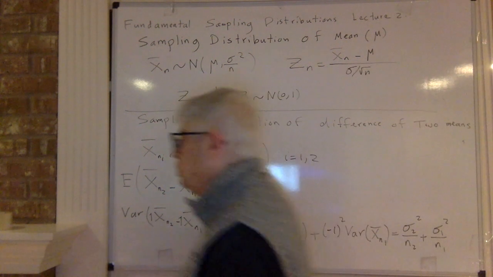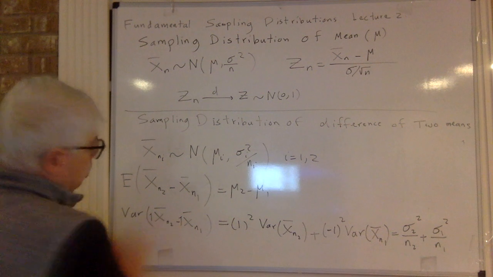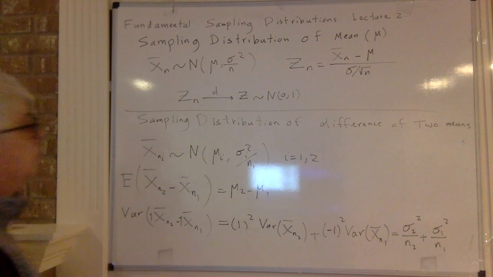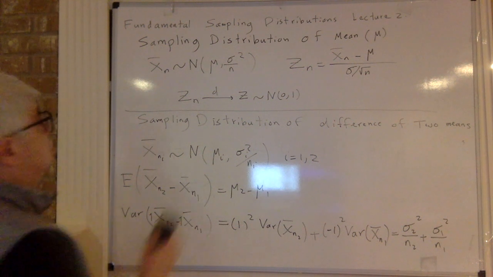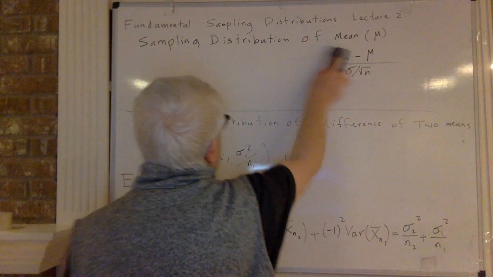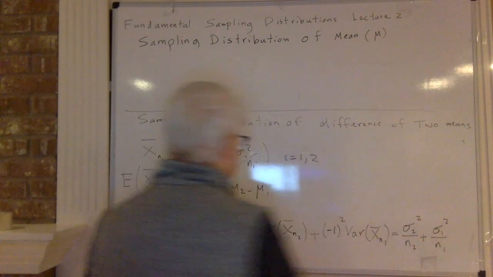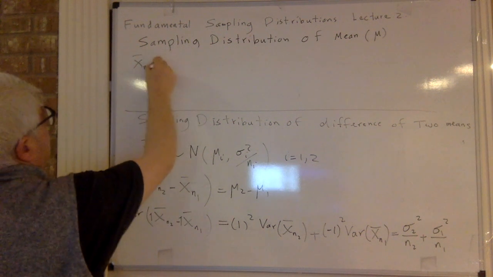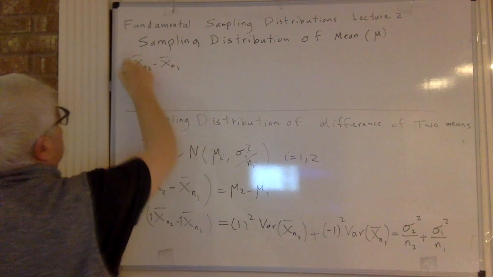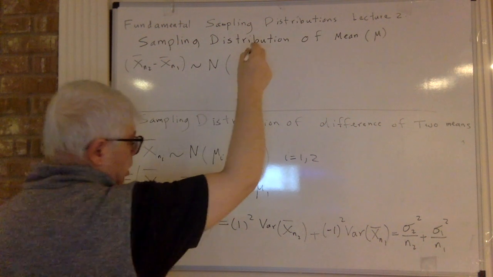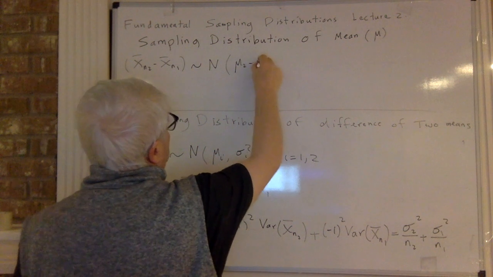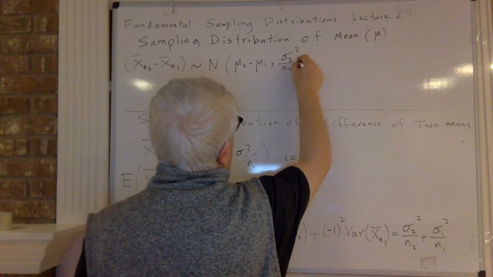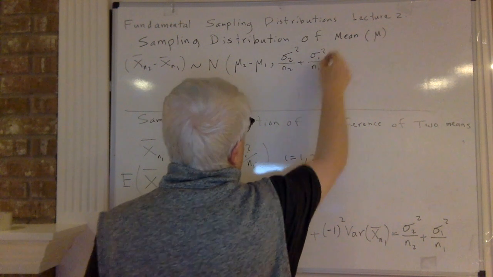When you have independence, you can do that, but anyway, you need to be careful about the coefficients. They are squared. Okay, so let's write it here: x bar n2 minus x bar n1, we found that this is in fact normal with mu 2 minus mu 1 comma sigma 2 squared over n2 plus sigma 1 squared over n1.